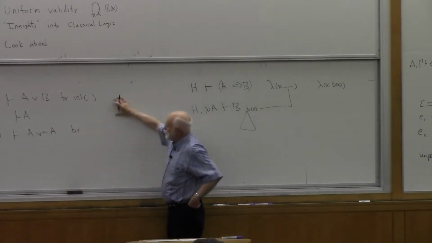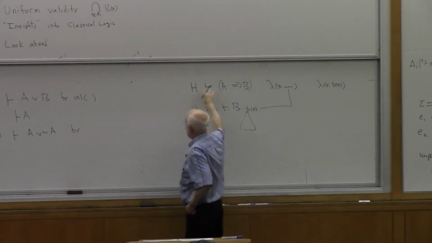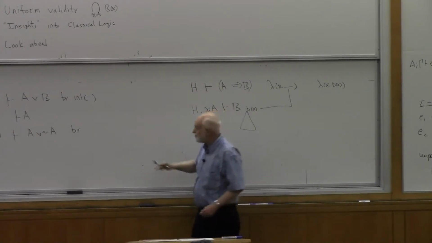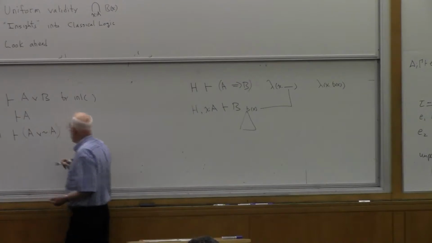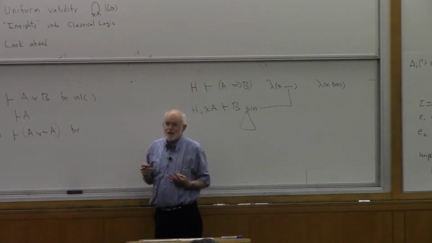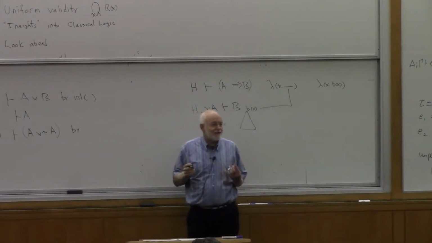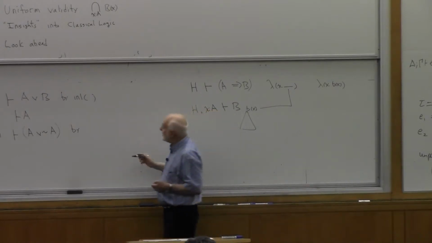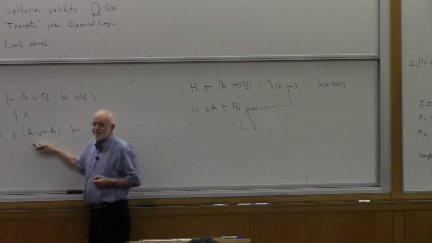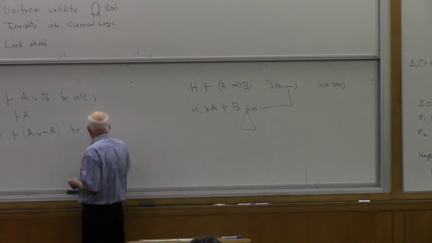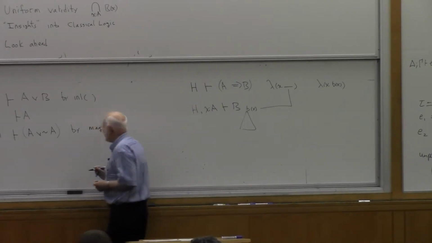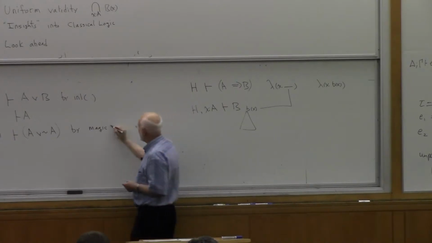So when I was teaching this top-down style to undergrads, you can't start out with constructive logic because they actually read other books and they'll tell you, what are you talking about? Everybody else. So here you need a name for this. So I called it magic, and I didn't tell them why, but I said, okay, magic.